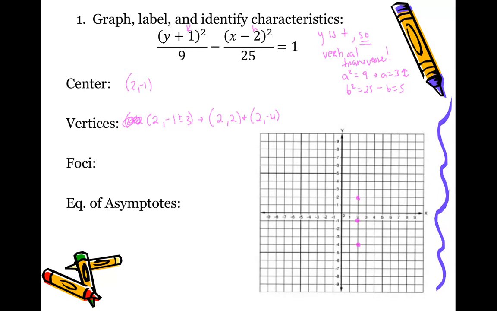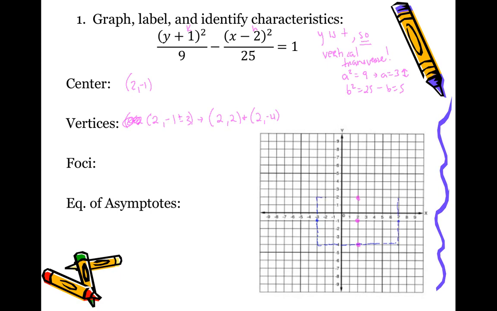I'm just going to use it in order to draw that box. So I'm going to be going left and right 5 from the center to get to that box. 1, 2, 3, 4, 5. I'll put a little point. 1, 2, 3, 4, 5. I'll put a little point, and then I'm going to draw that box. It's a rectangle. It's a box.